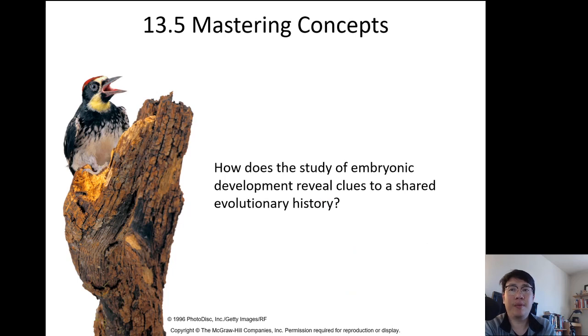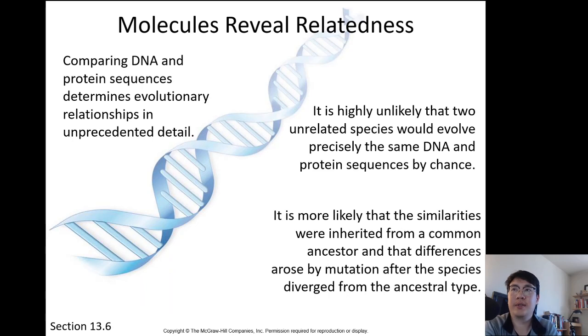So how does the study of embryonic development reveal clues to a shared evolutionary history? Again, this is all from the animal development lecture, so look over that. And again, if you compare the DNA and protein sequence, it's highly unlikely that two unrelated species will evolve using the exact same DNA.